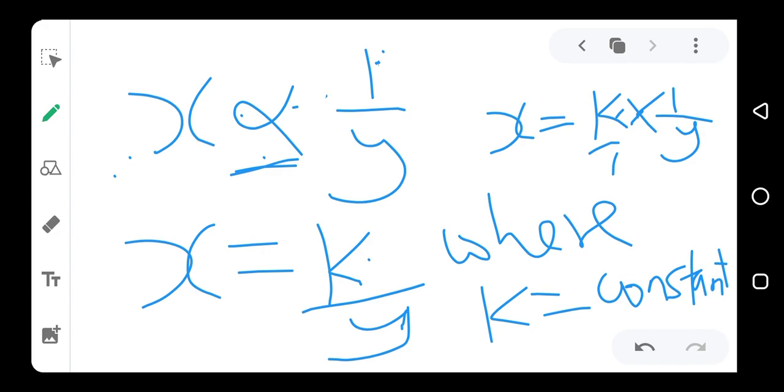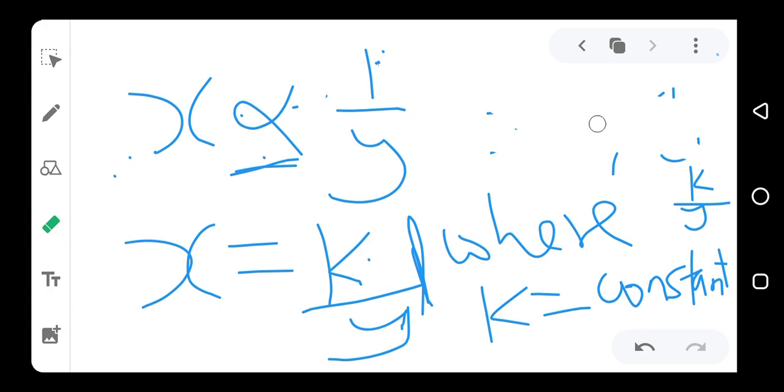The one on top times each other, the one down times each other. K times 1 will give you k, and 1 times y will give you y. So that's why I use k over y. I would have done this multiplication, but I just feel it's not necessary, so I did it for you. But that is how it is gotten. That is why it is k over y.